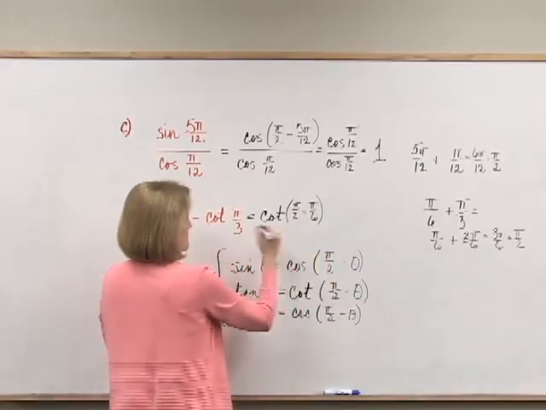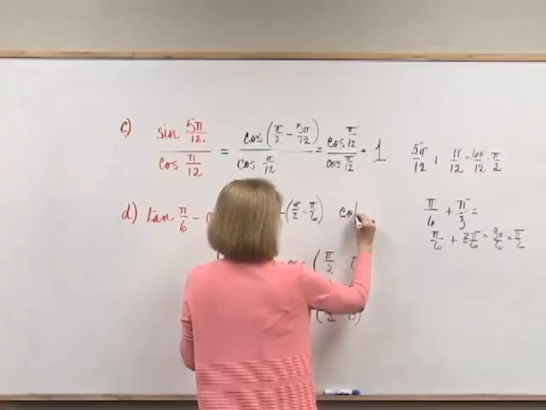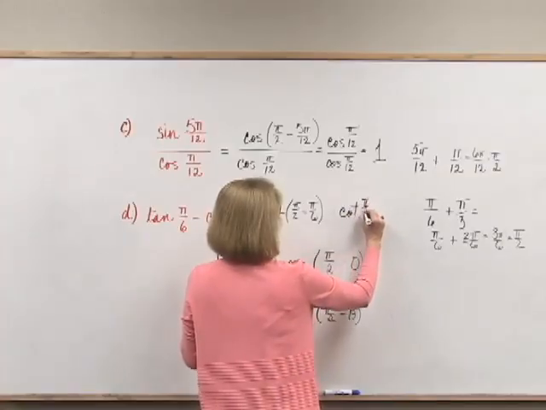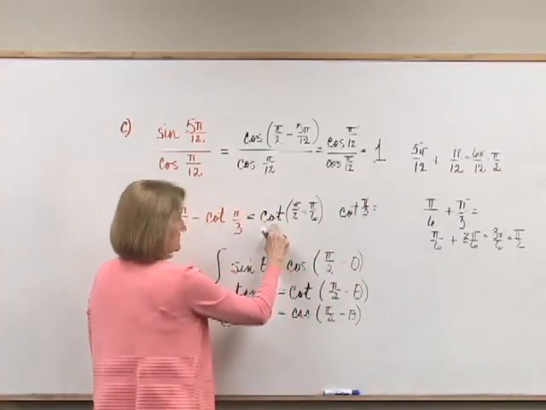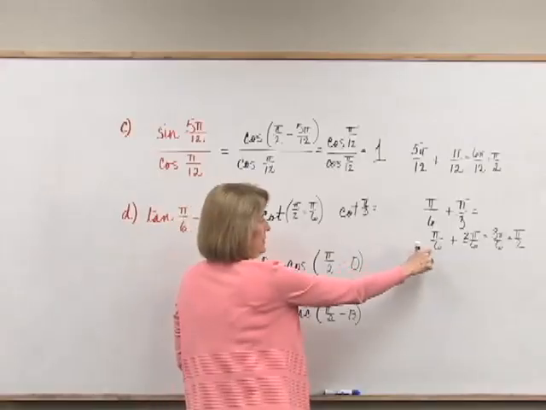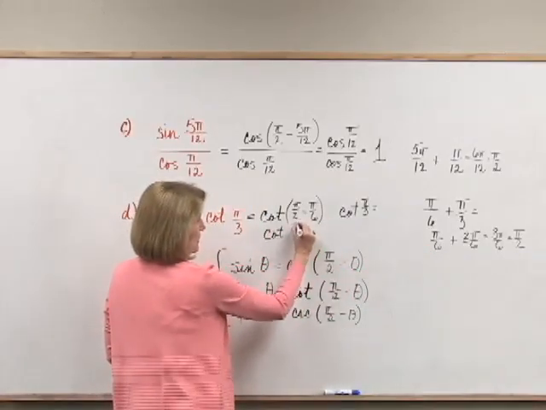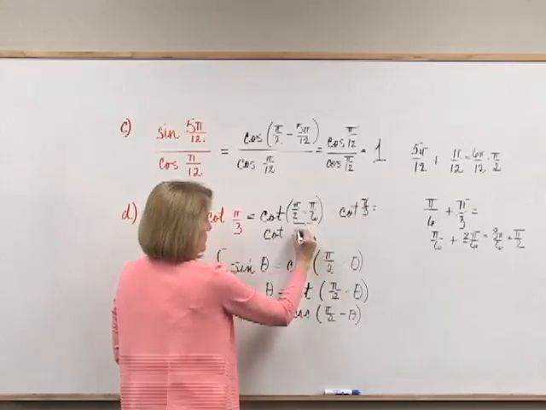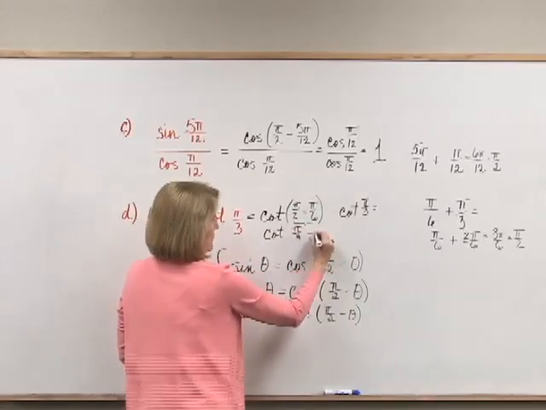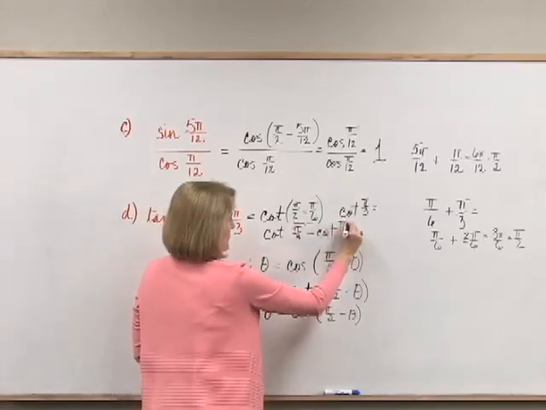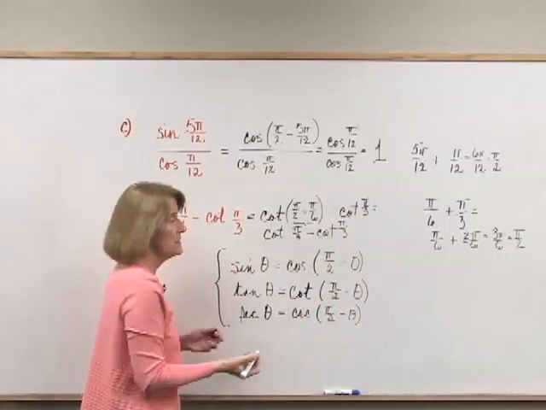And then I copy this part over. Now, this, according to what we saw here, can be rewritten as the cotangent of pi over 3. And so what do we have here? 0.